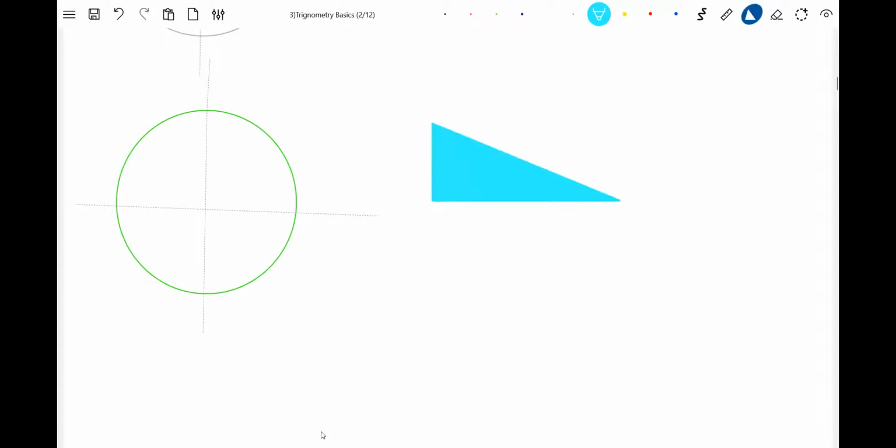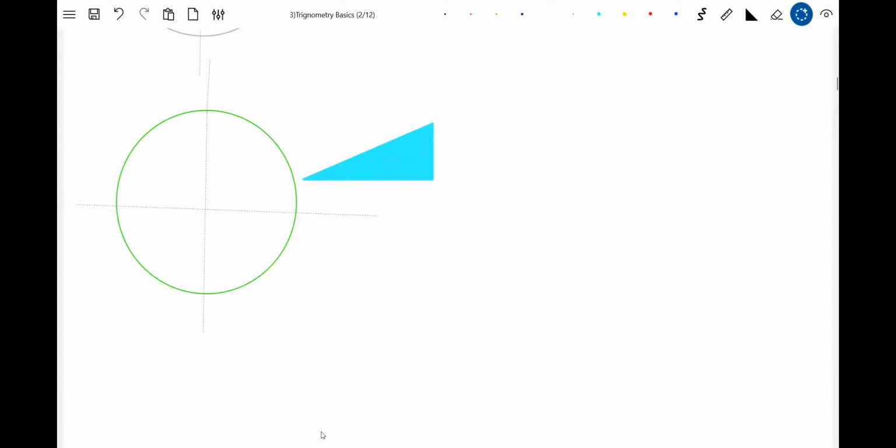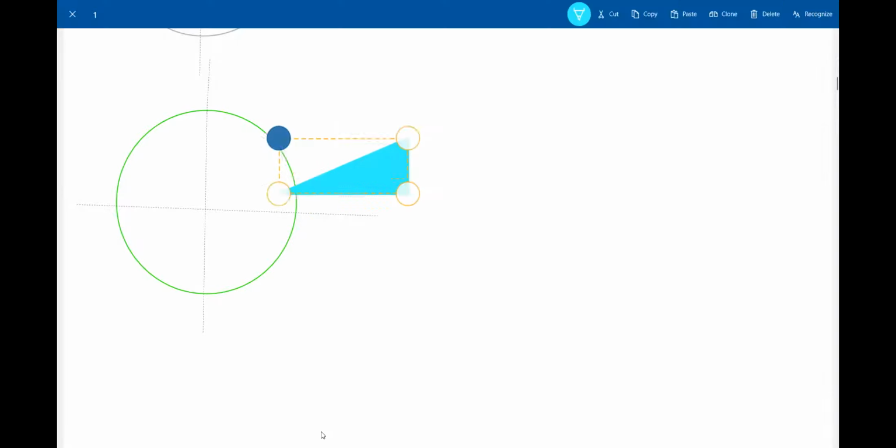Let me draw this. Now you can see again. So here almost it is zero, we will assume. I'm going to rotate the hypotenuse. As I rotate the hypotenuse, the y value, the height of the triangle, is going to vary.